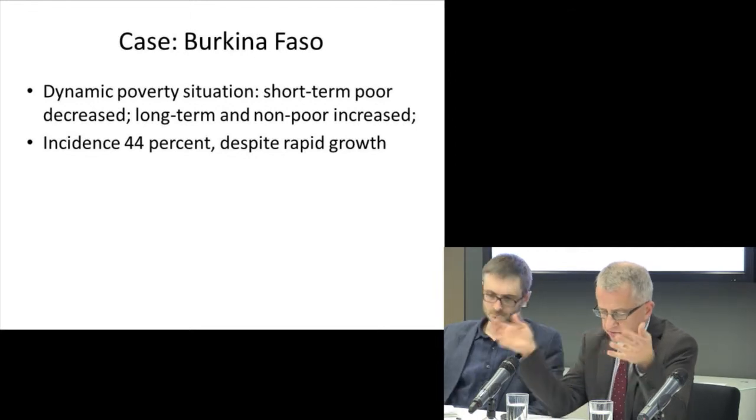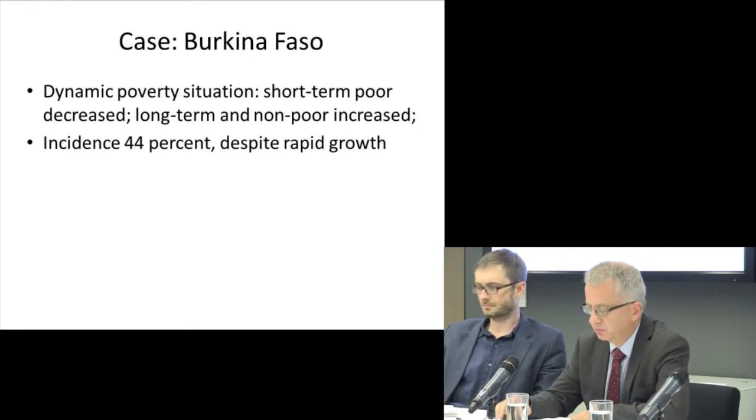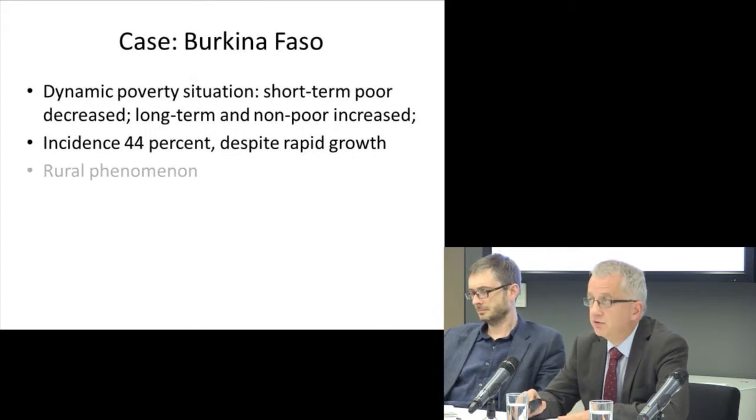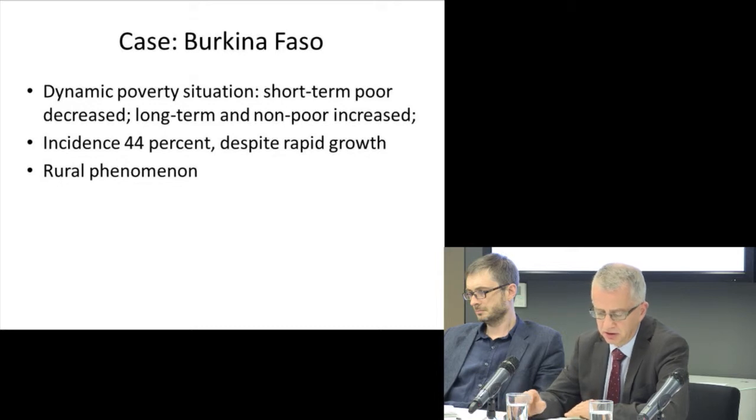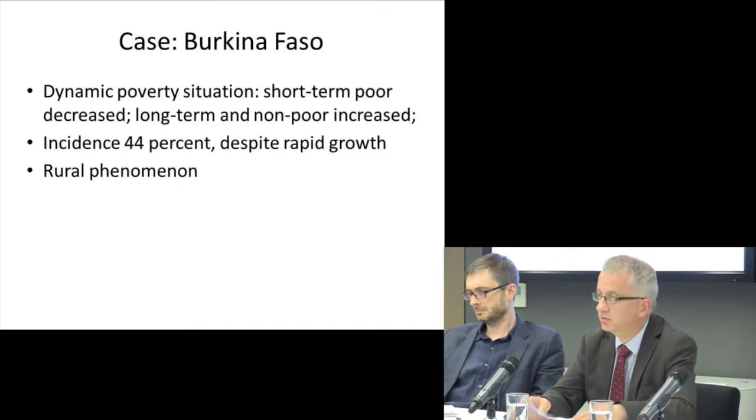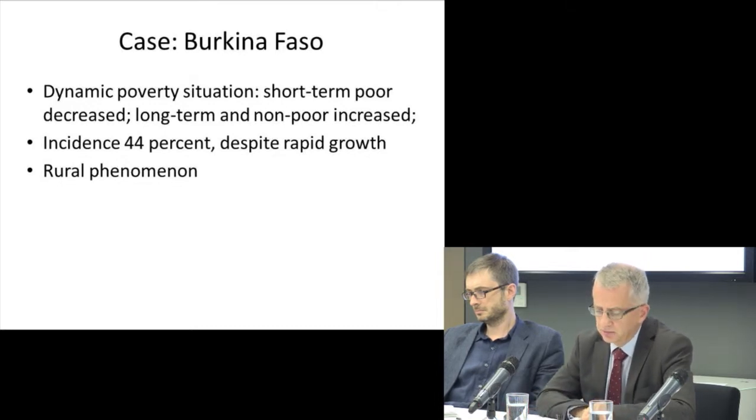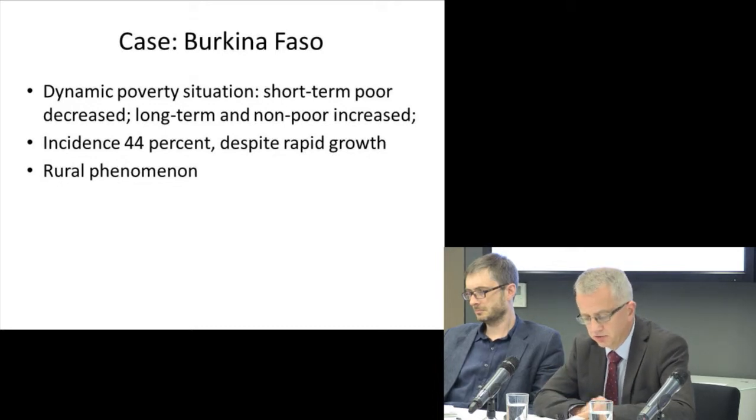I've in other areas done some previous work on this, and I've noted that it's a rural phenomenon, 90% rural poverty still. It's clear that agriculture and what is related to agriculture is key here. Mining is coming strongly, but still agriculture.